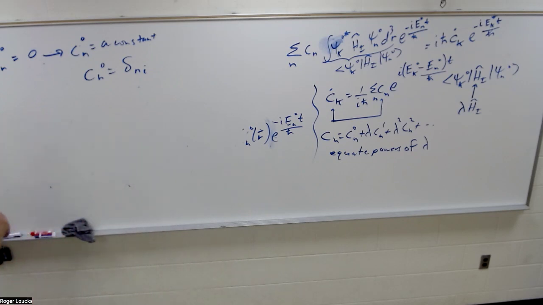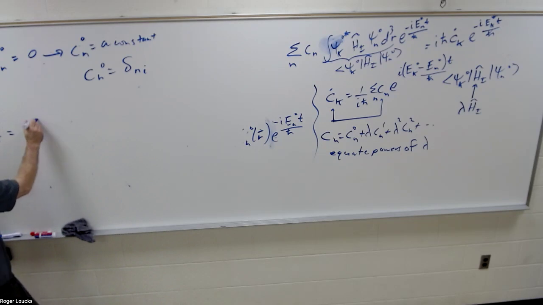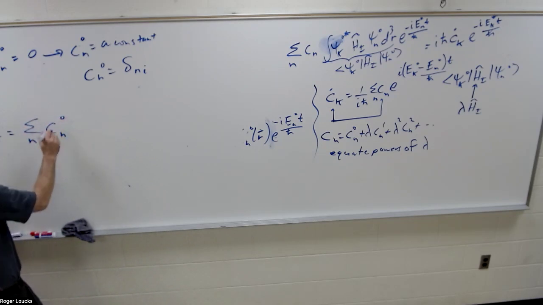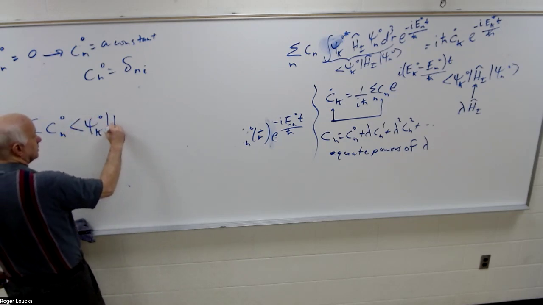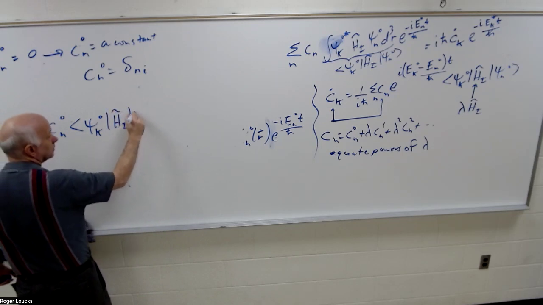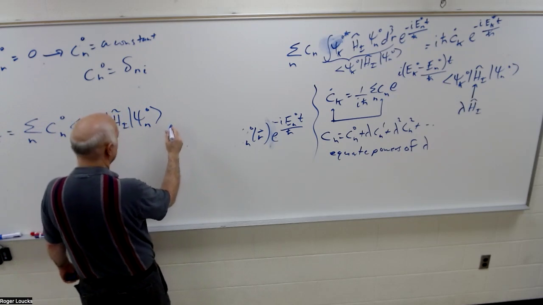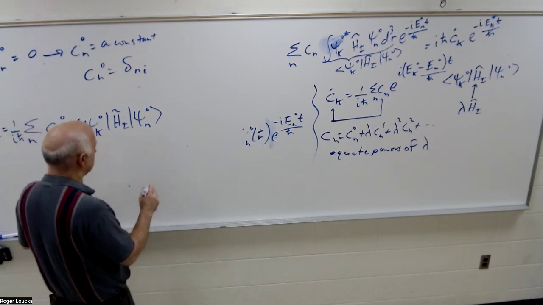Okay. We said when we solved for the C1 case, the CK1 term, we ended up with this. We ended up with sum on n, Cn0, this guy, h bar.